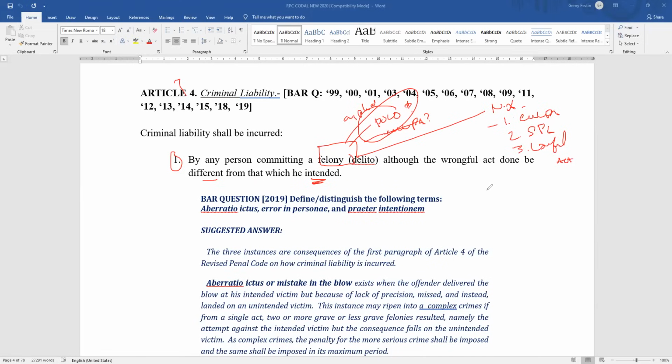Paano yun? Halimbawa, A was after B. Sabi ko sa Divisoria, bigla na lang hinabol ni A ng panaksak si B. So, si B naman, he ran away, but later on, his back is against the wall. So, he has to face A. And there are so many bystanders.